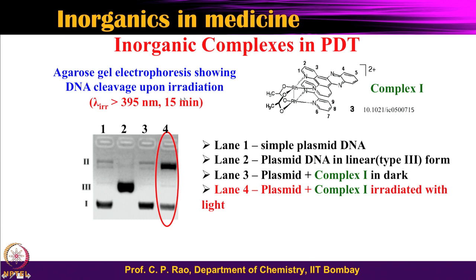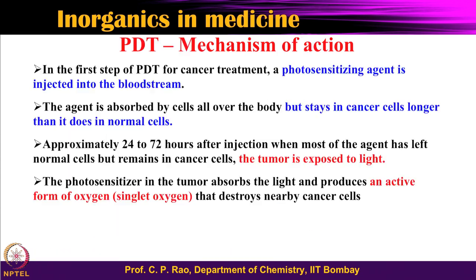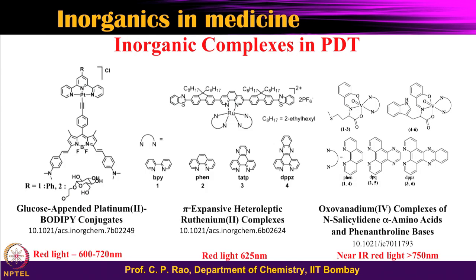Now, let us look at the inorganic complexes. Just look back at this. What I have talked about is the photosensitizer as a compound, and then giving this compound to the organ, or to the body, or to the skin or to the blood, etc., allowing it to deposit onto the cancer cells.